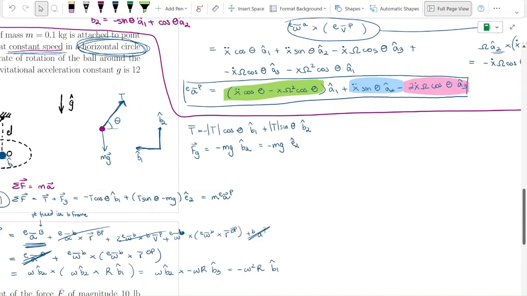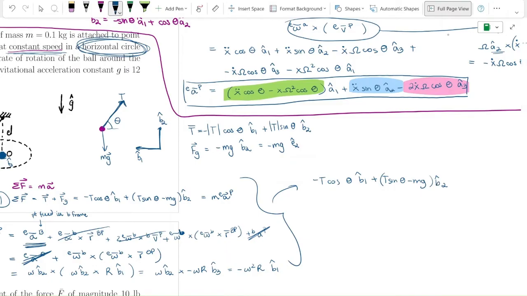We can put it together now, and we can see that negative T cosine theta B1 hat plus T sine theta minus mg B2 hat, equals mass times acceleration. Acceleration is just this, so it equals negative m omega squared r B1 hat.